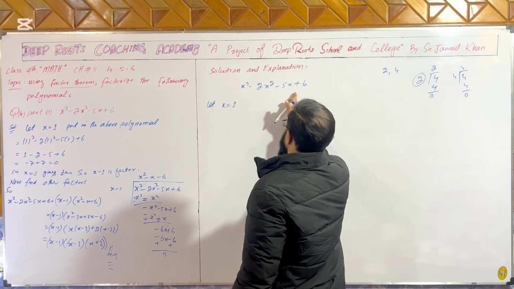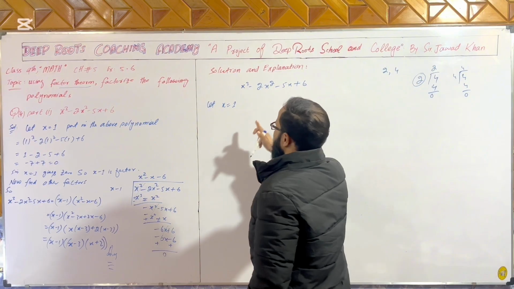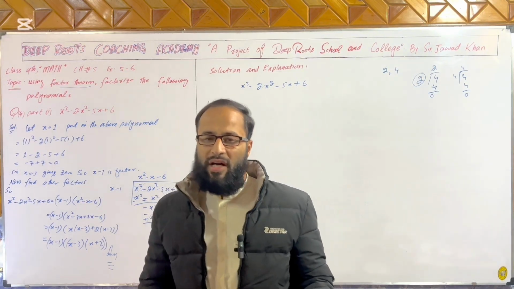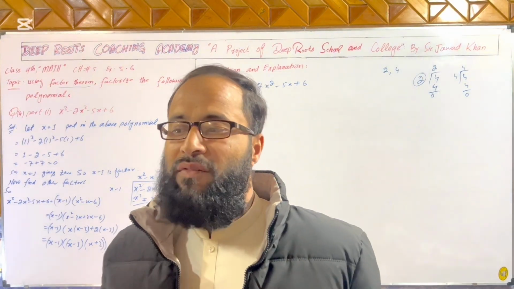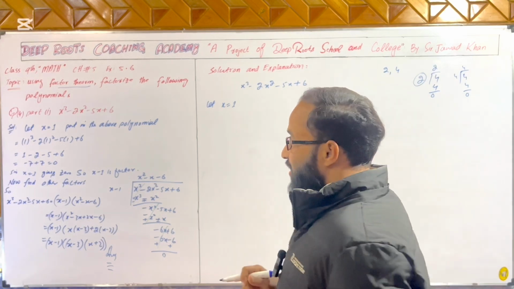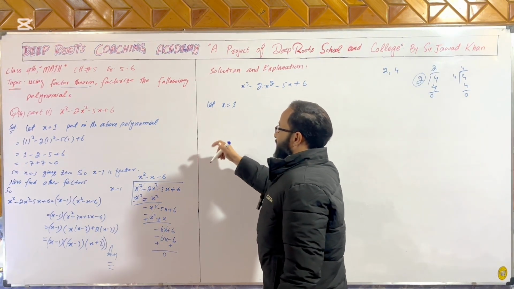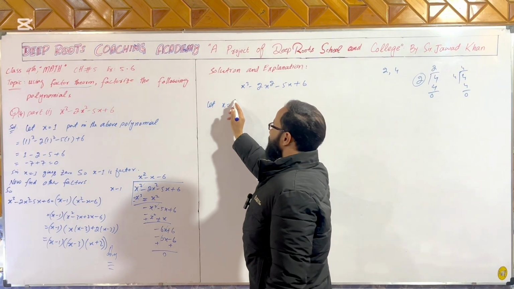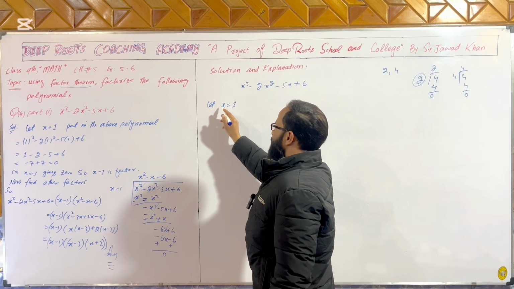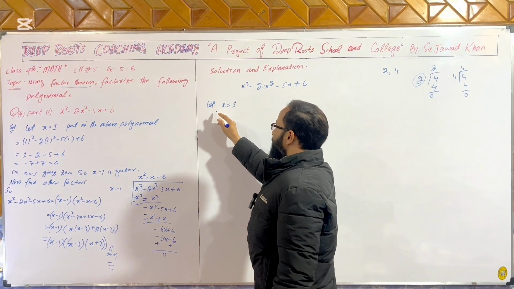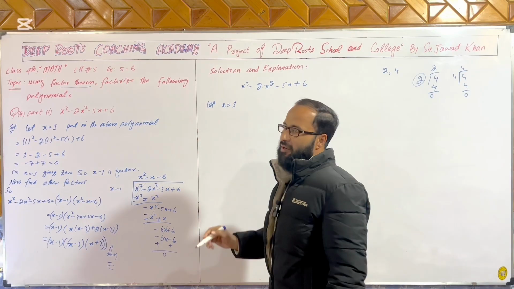Instead of x, I will put 1, 1 and 1, and I'll check whether the answer is 0 or not. If the answer is 0, then this will become our factor. I will transfer this one to this side and it will become a factor.